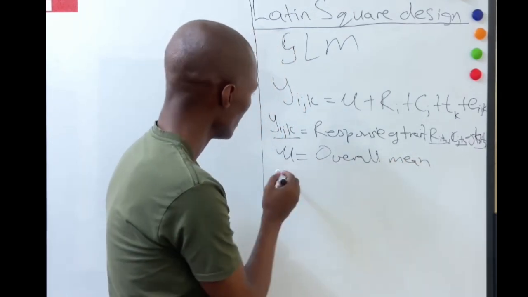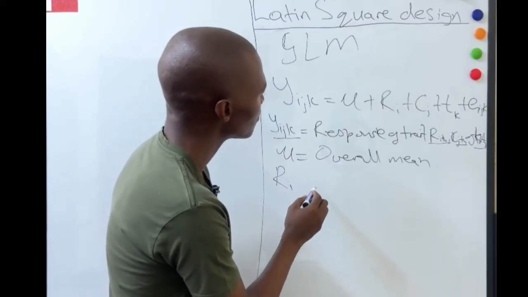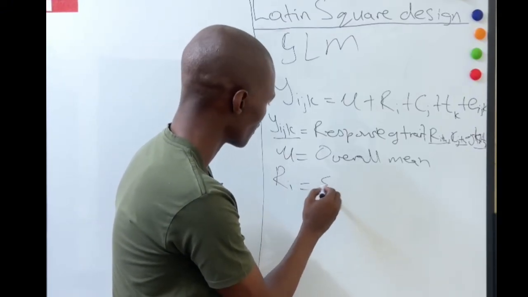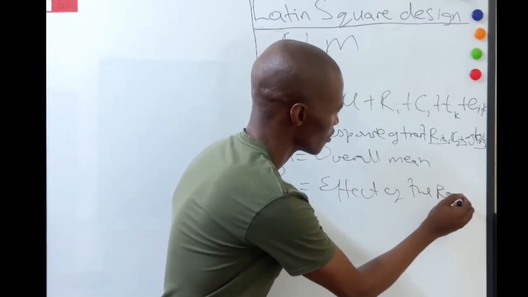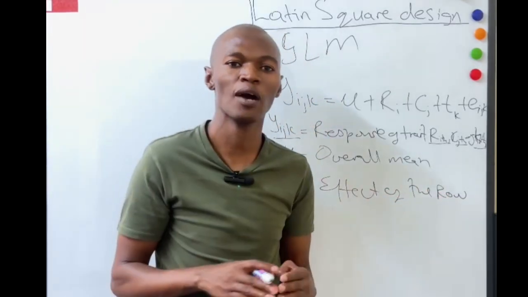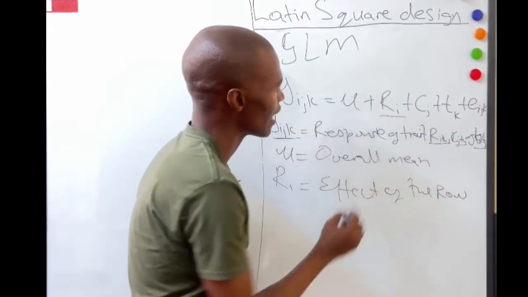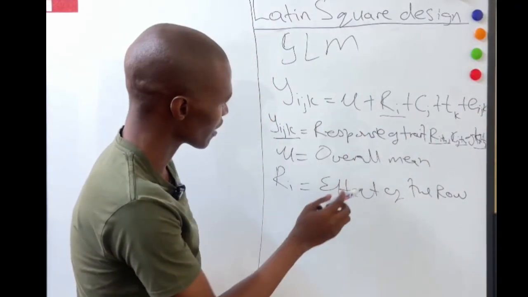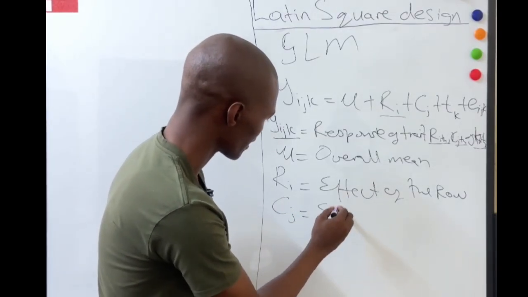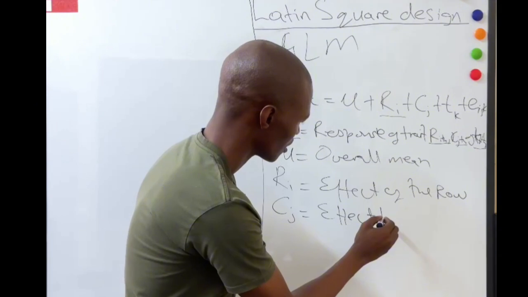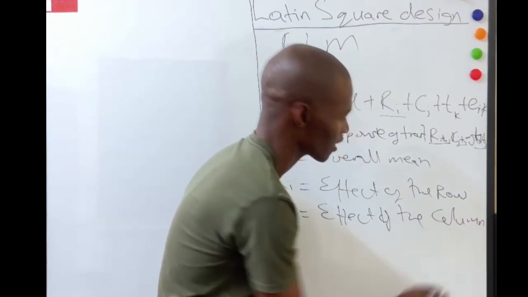Then we also have Ri, which is the effect of the row. Remember, when we were making our layout, we had the rows and the columns. So Ri is the effect of the row. Then Cj is the effect of the column.